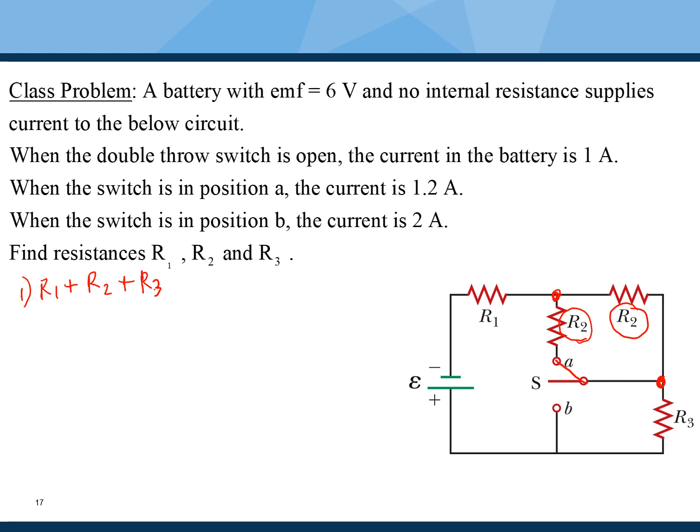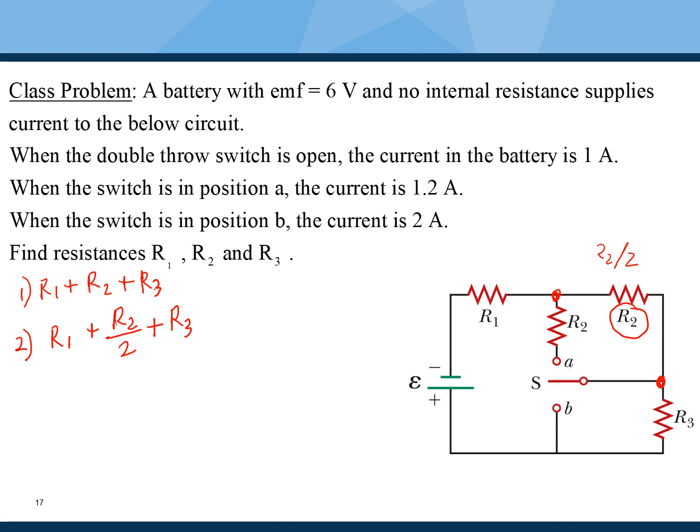So the equivalent resistance out here is just equal to R2 divided by 2. So we have R1 and an equivalent resistance of R2 divided by 2 and the resistance R3 all in series. So we say that in the second part of this problem, the effective resistance is R1 plus R2 divided by 2 plus R3.